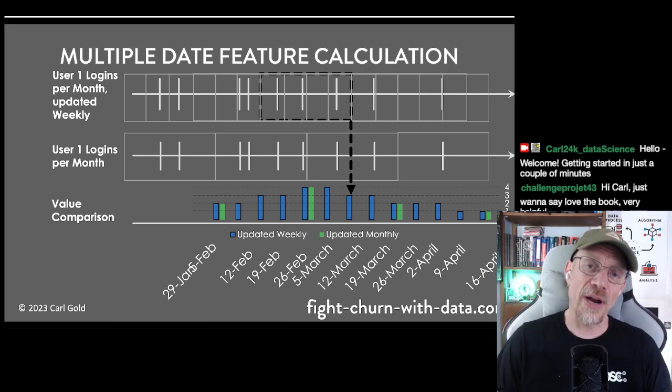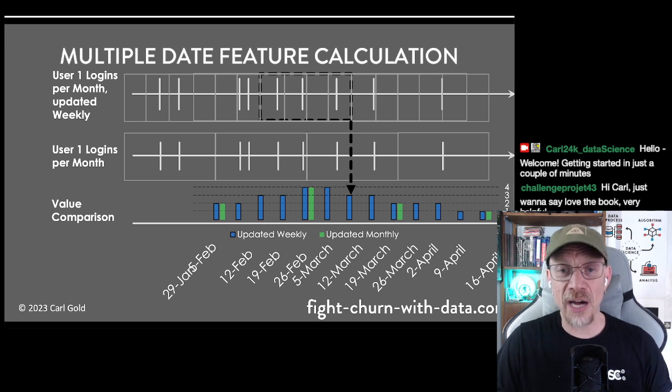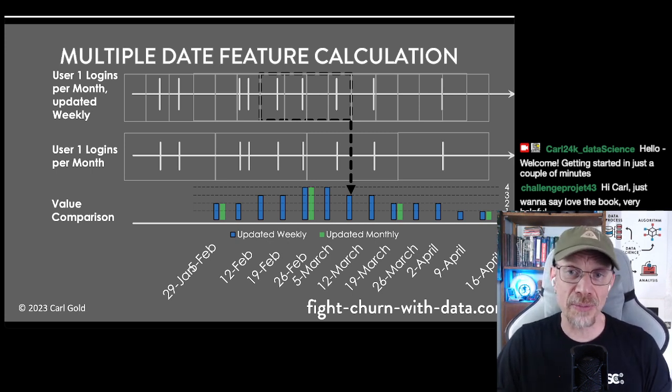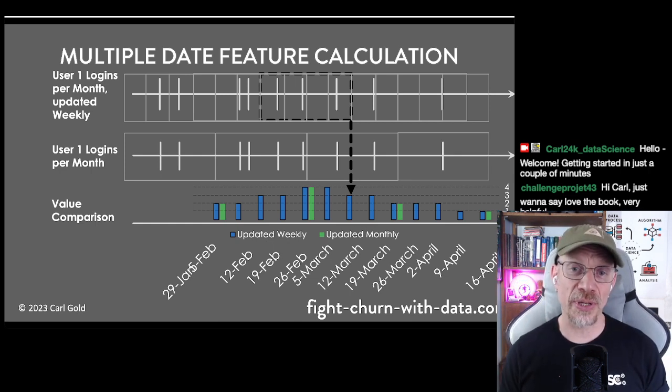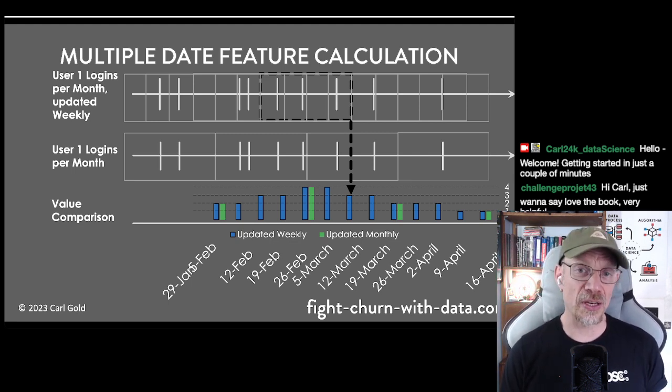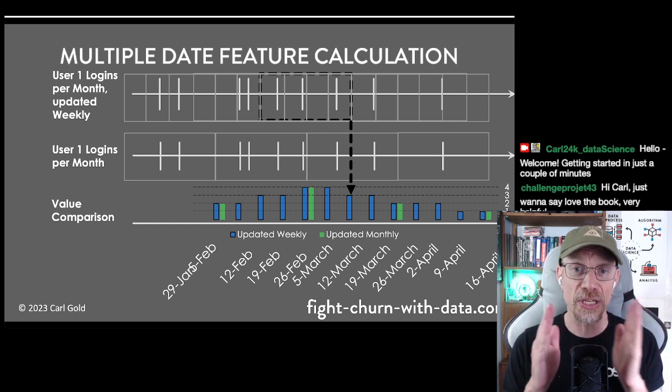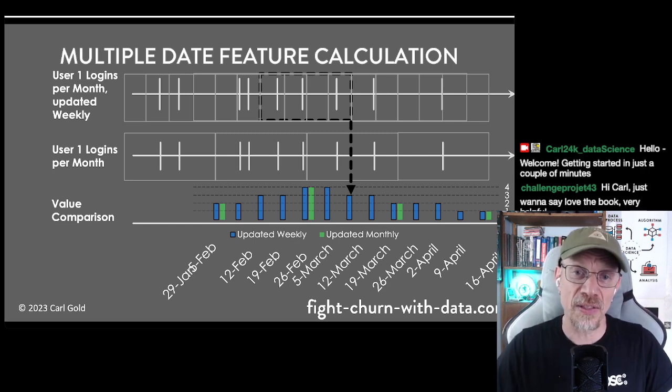So every day or every week, you have an updated value for the feature. You don't have to wait till the end of the month to update your features. For the reinforcement learning we do at OfferFit, we calculate features updated every day in a manner just like this, using lagging windows that advance in time to calculate the latest value of the feature for each customer.